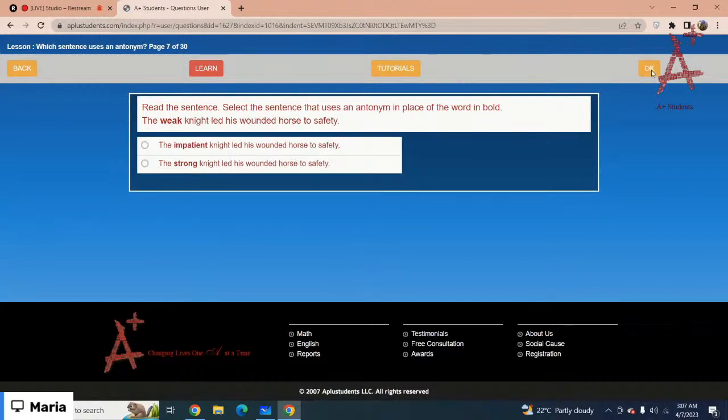The weak knight led his wounded horse to safety. So which is the correct option? The impatient or the strong knight? Which is the correct option?